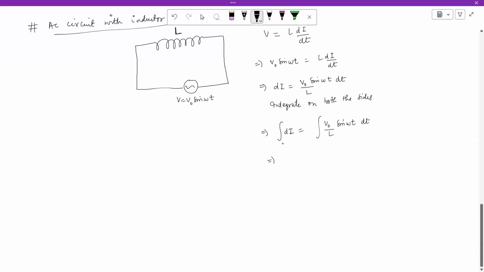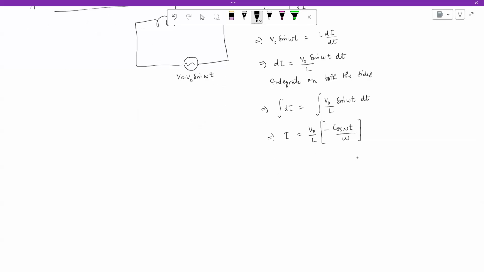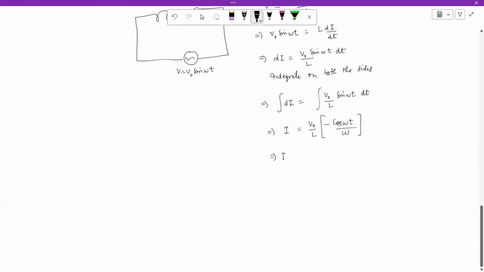So the integration gives I, V naught by L is outside, and then the integration of sine omega t is minus cos omega t divided by omega. So we can write it as V naught by omega L, and so this is minus cos omega t.